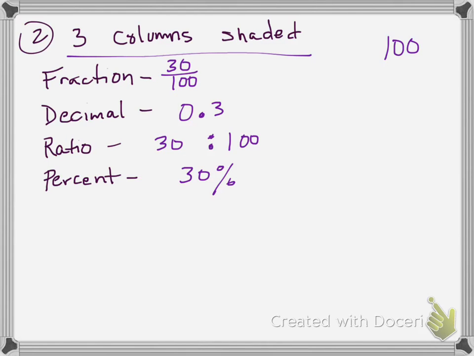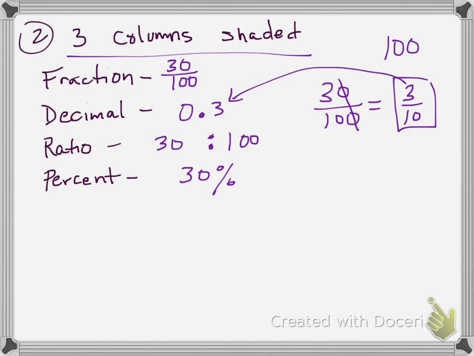So to move from a fraction to a decimal, if you know that it's 30/100ths, I can divide 30 by 100, and that would give me 0.3. Also, I could drop these 2 zeros off, because they're the same, the top and the bottom, and that is going to give me the fraction 3/10, and that's the same as writing the decimal 0.3.